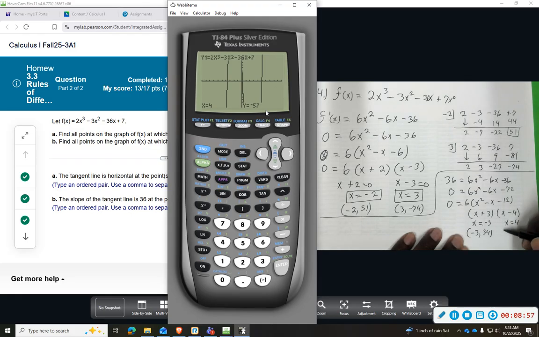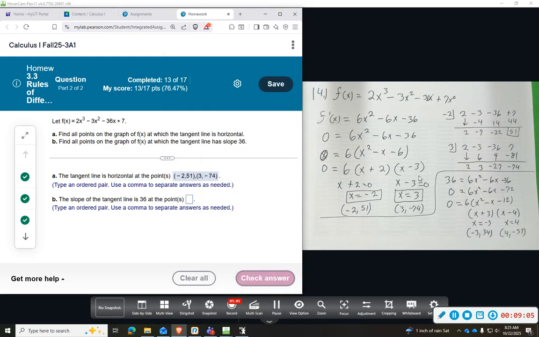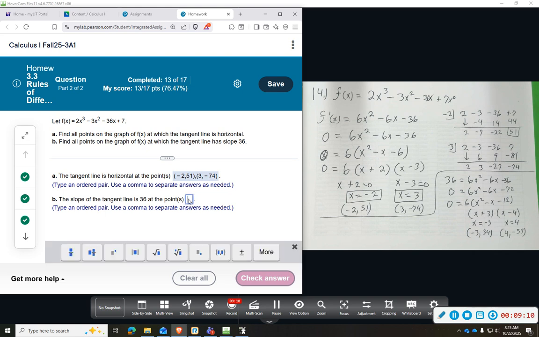So 4 and -57. So we get our 2 ordered pairs. So you've got 2 methods. You can use a calculator. You can use synthetic division or just plug it in. Either way, you should be able to come up with those ordered pairs. Make sure you separate them with a comma.